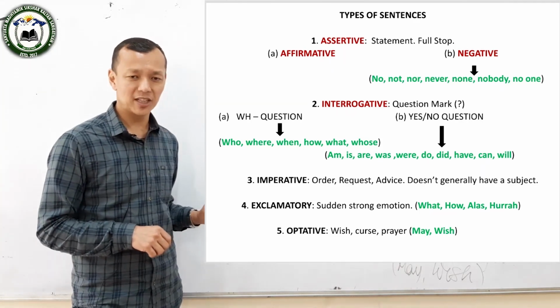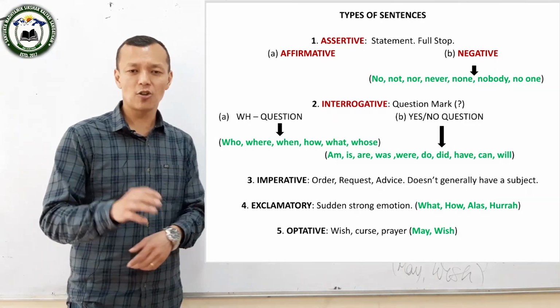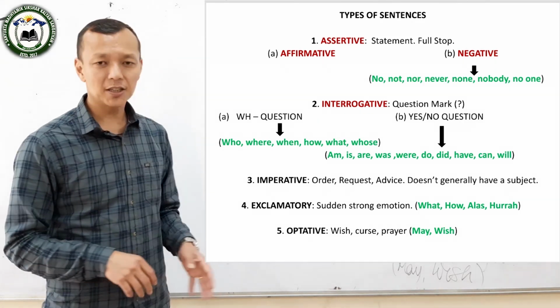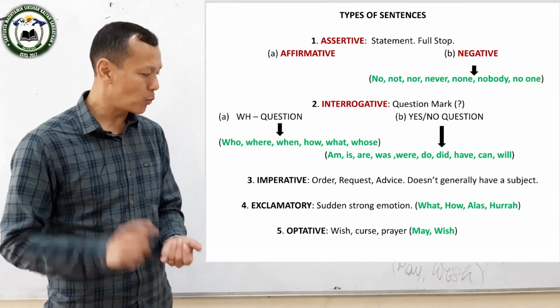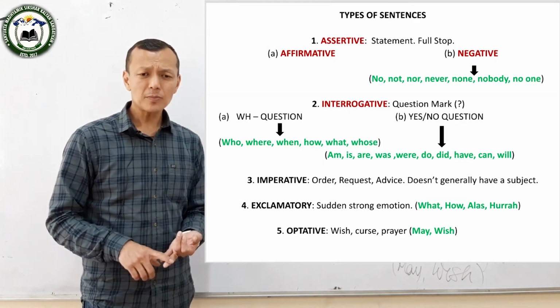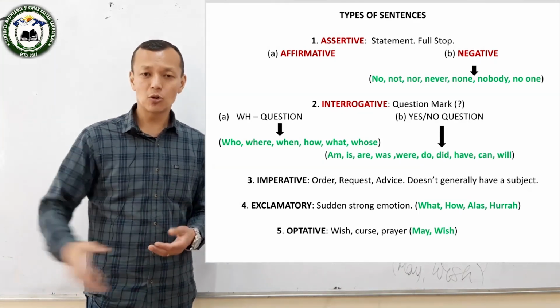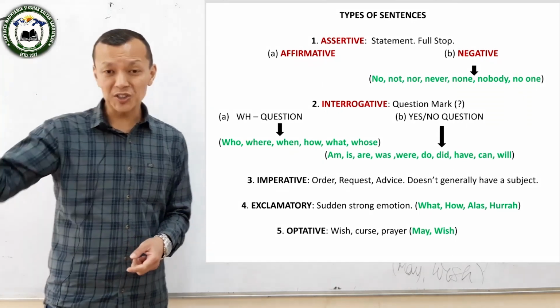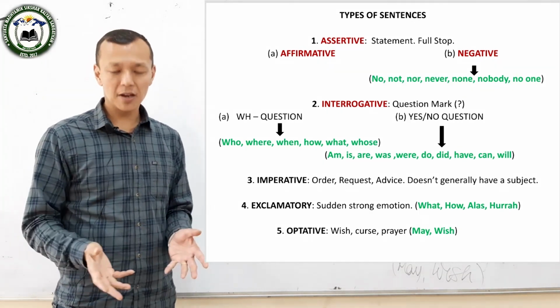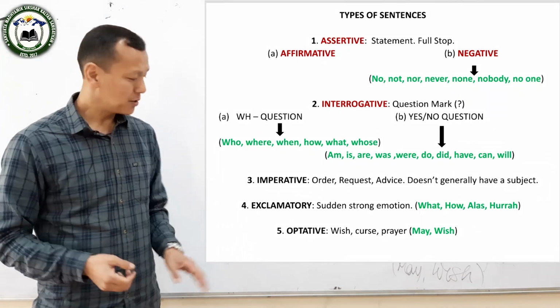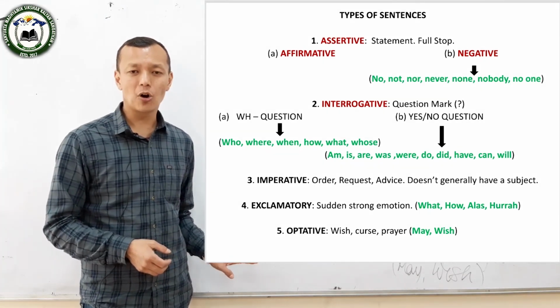So that's your hint for the exclamatory sentence. The last kind of sentence there is the optative sentence. An optative sentence is a sentence which makes a wish, curse, when you are wishing something good to happen or when you are cursing somebody, then when you are making a prayer, then we use what is known as an optative sentence.